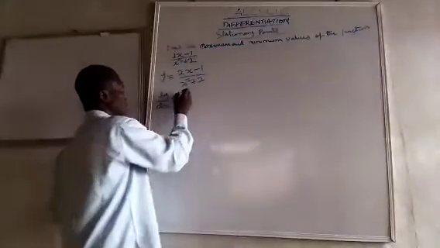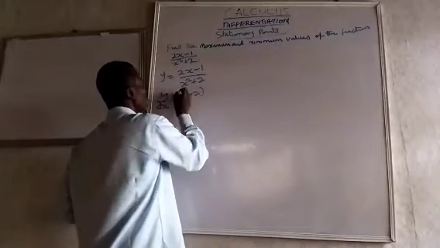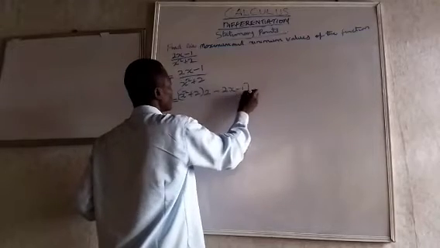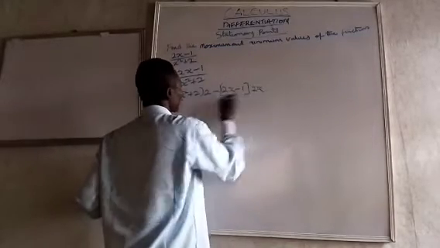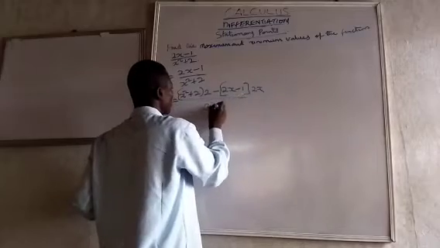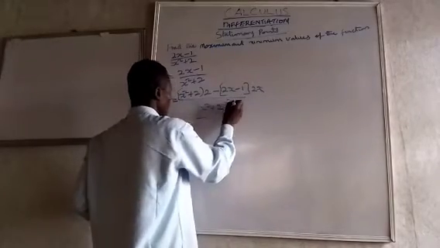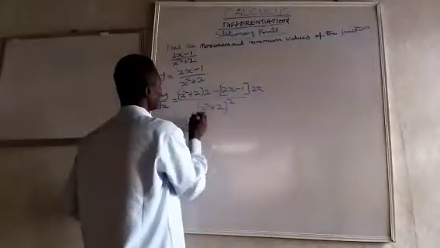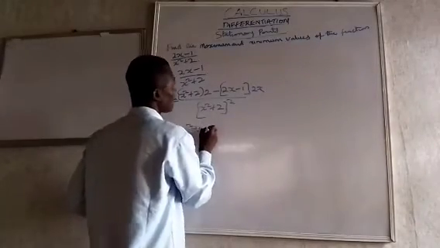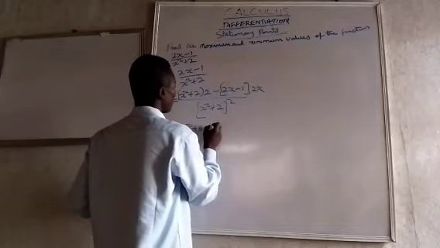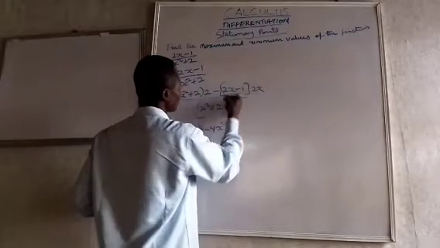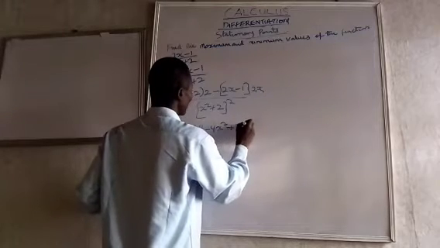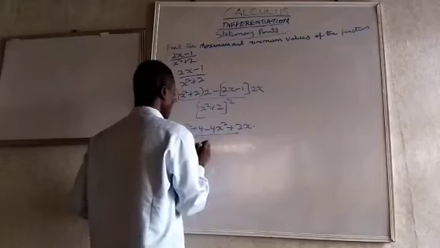So how do we do this one? We're going to use the quotient rule: (x squared plus 2) into 2, minus (2x minus 1) into 2x, over (x squared plus 2) whole squared. And this one is going to give me 2x squared plus 4 minus 4x squared plus 2x over (x squared plus 2) whole squared.